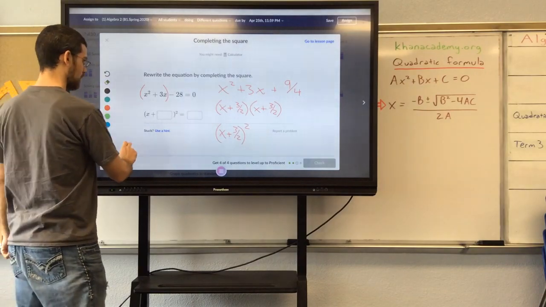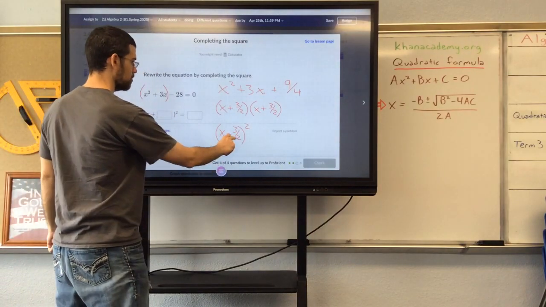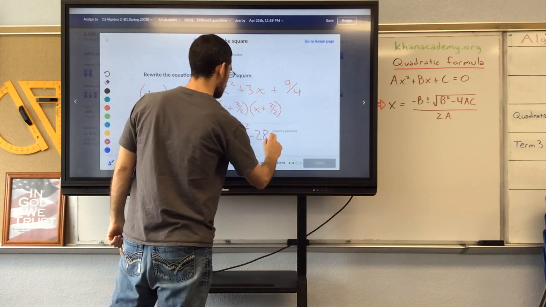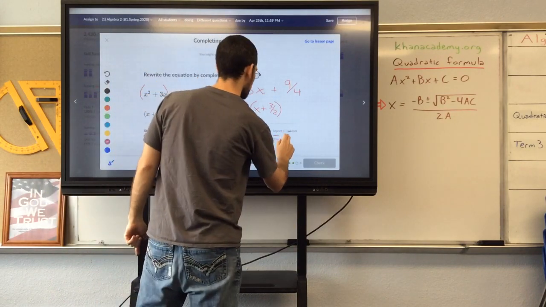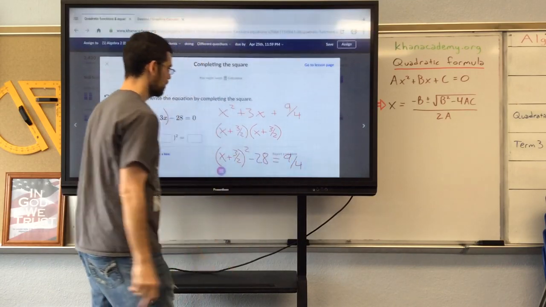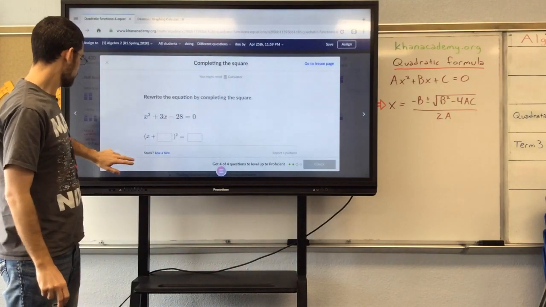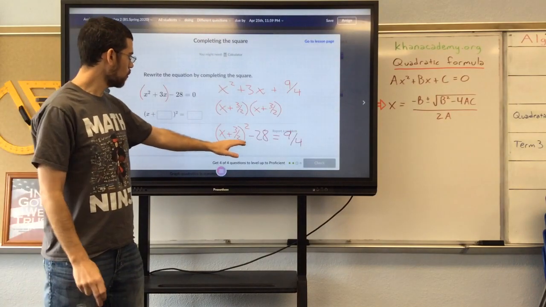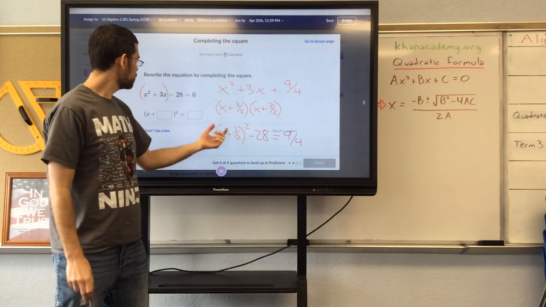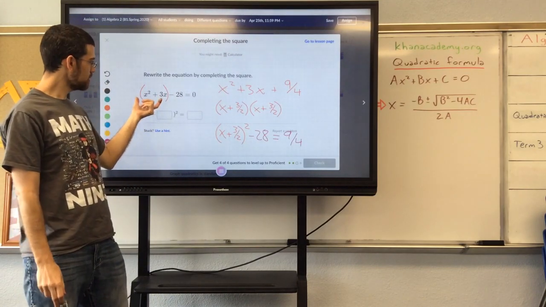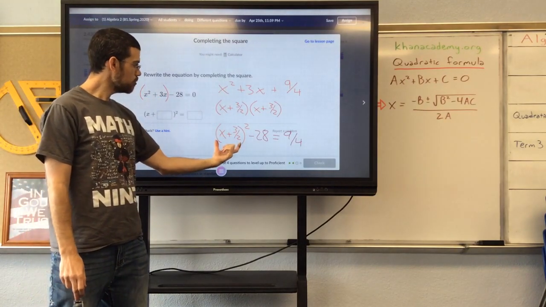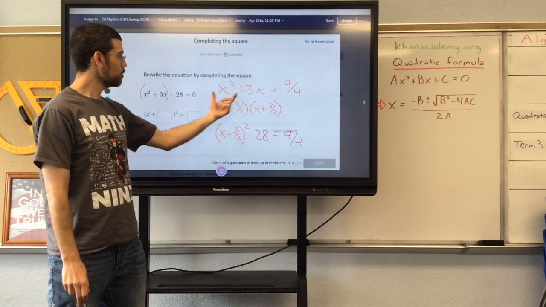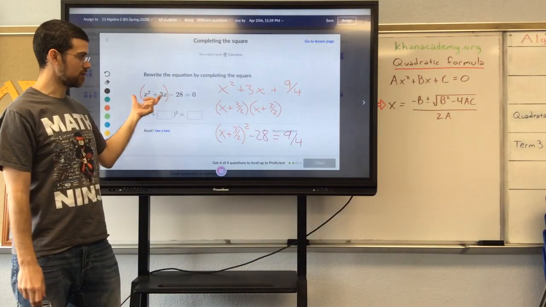Let's do that. So we get x plus 3 halves squared minus 28 equals 9 fourths. So what I've done here is I've replaced the stuff in parentheses with this new term in parentheses squared, but that expression includes 9 fourths that wasn't there to begin with.